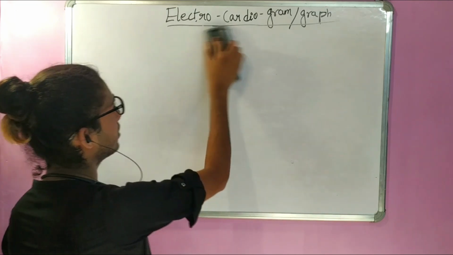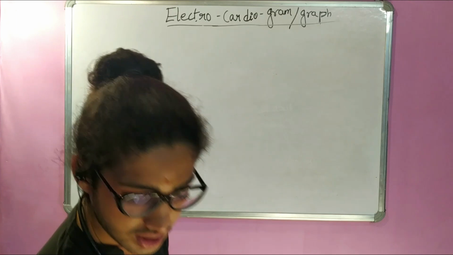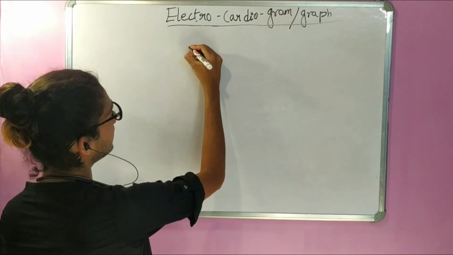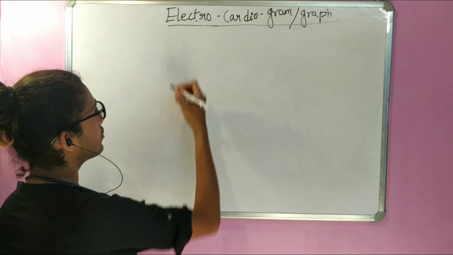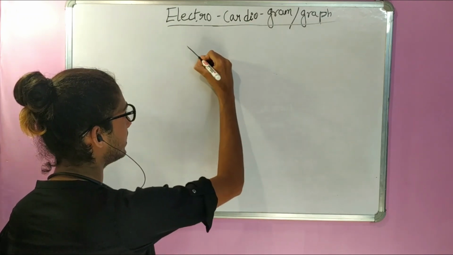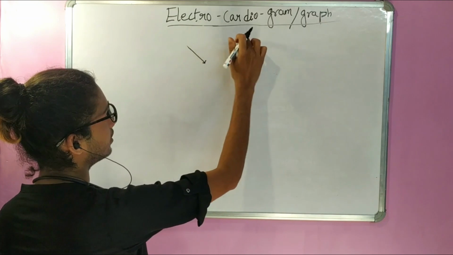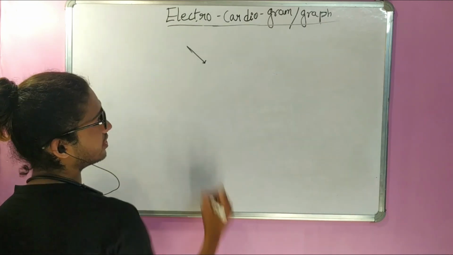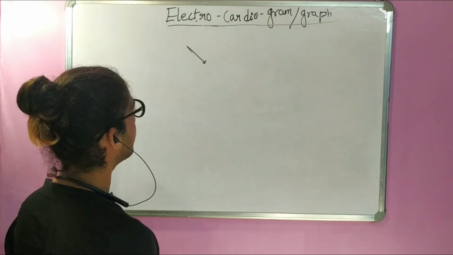For example, the sinoatrial node generates its first impulse in this direction. Okay, here is the heart. Imagine this is your heart. So this is the direction in which it is generating its first impulse.